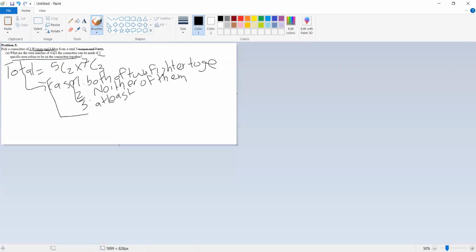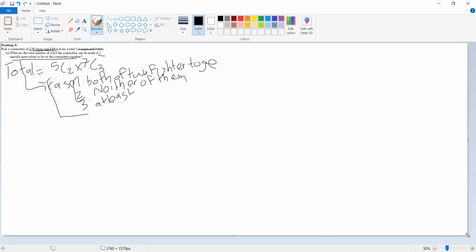So the total number that we have together is 2C2, where you're selecting the 2 people that are feuding, that are together, and now we select the women, 5C2.